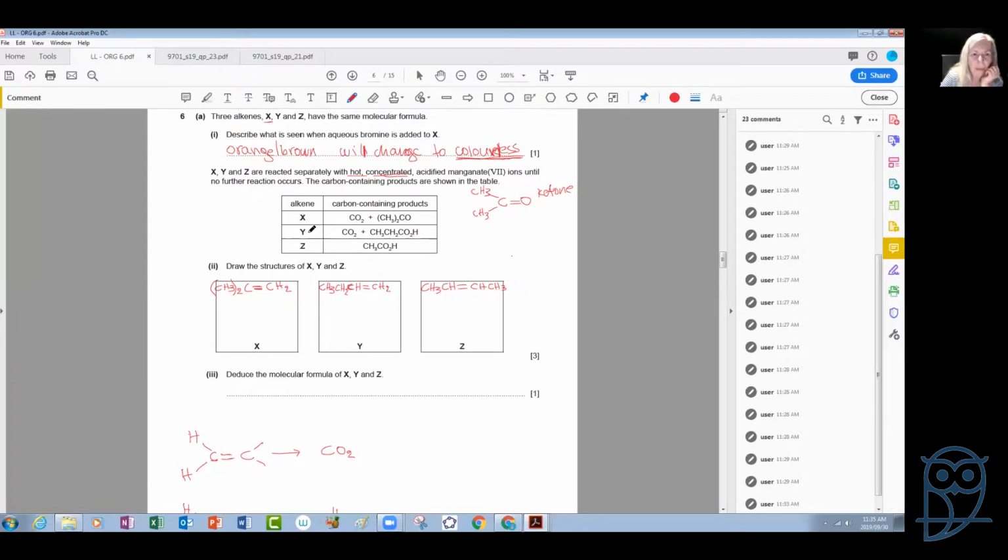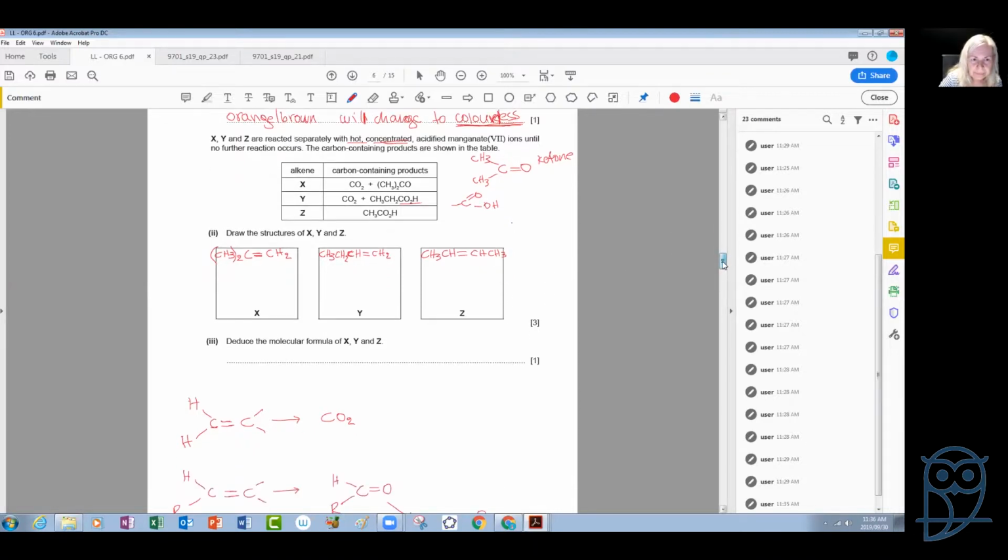The other compound Y, we see produces again carbon dioxide and a carboxylic acid. You see this, the functional group of the carboxylic acid. And so is compound Z, but here it's only acid that is produced, not carbon dioxide. So from these products, we can figure out what X, Y, and Z were.